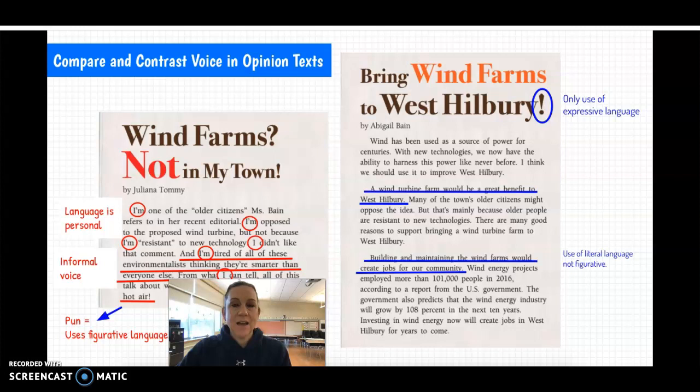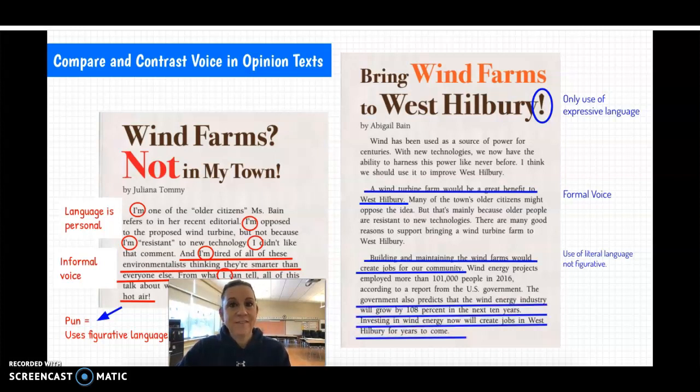And then I underlined, "A wind turbine farm would be a great benefit to West Hillbury." Well, that's very formal. Do you already notice the difference from informal? "I'm tired of all these environmentalists thinking they're smarter than everyone else" is a very casual, very informal voice compared to "a wind turbine farm would be a great benefit in West Hillbury," which is a very formal voice.